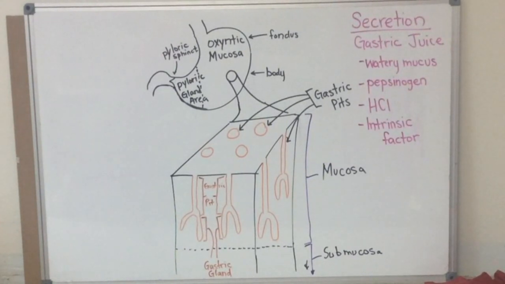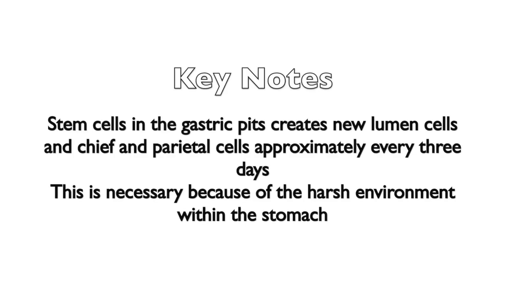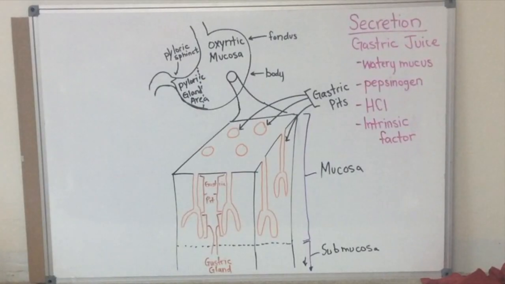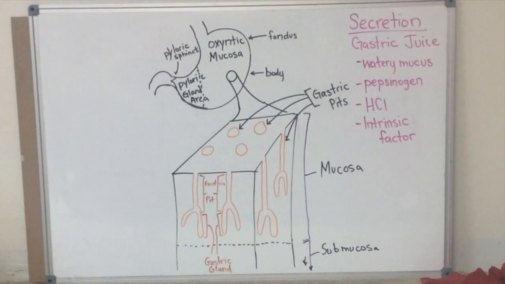The stomach mucosa is replaced approximately every 3 days. The main difference between the oxyntic mucosa and the pyloric gland area is that the pyloric gland area does not secrete hydrochloric acid. It does secrete mucus and small amounts of pepsinogen.